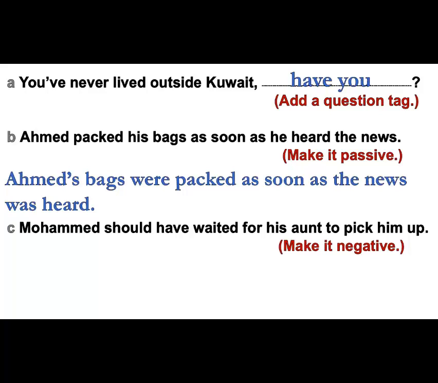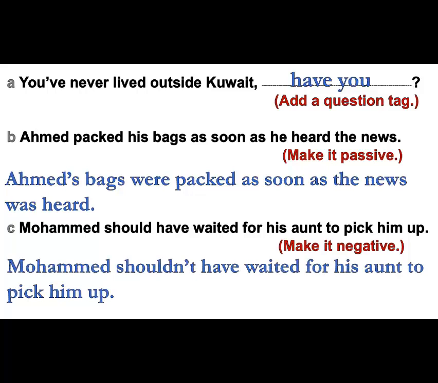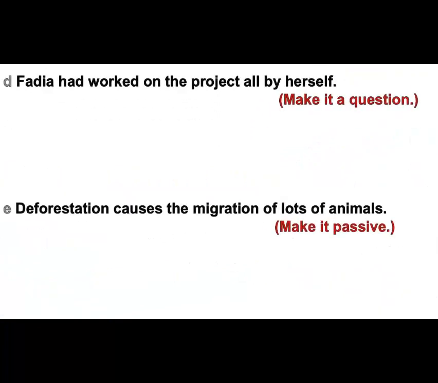Sentence C. Muhammad should have waited for his aunt to pick him up. Make it negative. The answer is, Muhammad shouldn't have waited for his aunt to pick him up. Sentence D. Fadia had worked on the project all by herself. Make it a question.